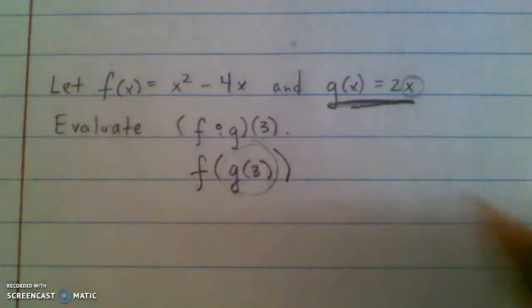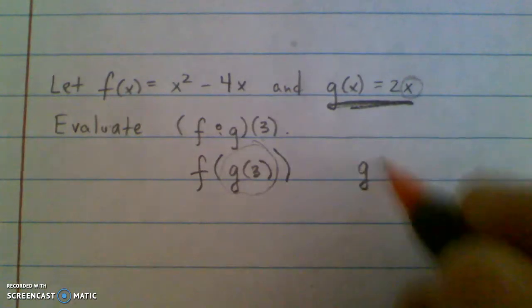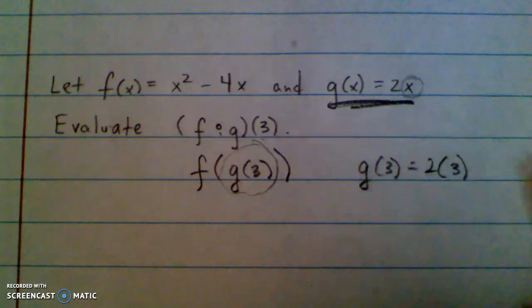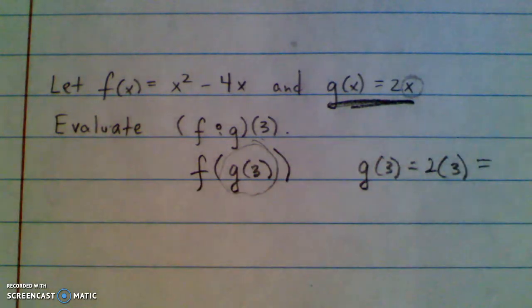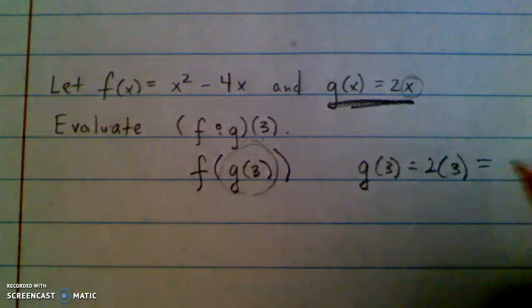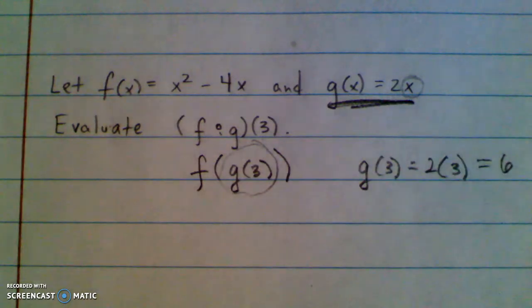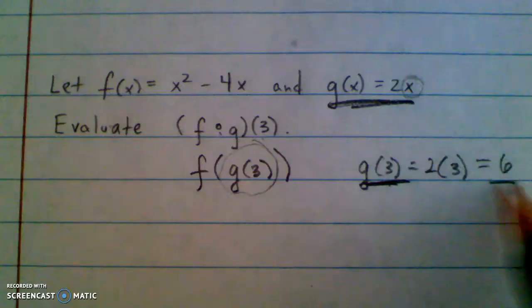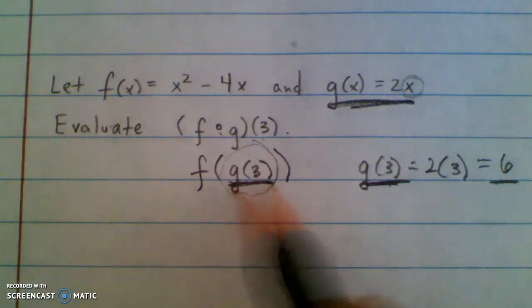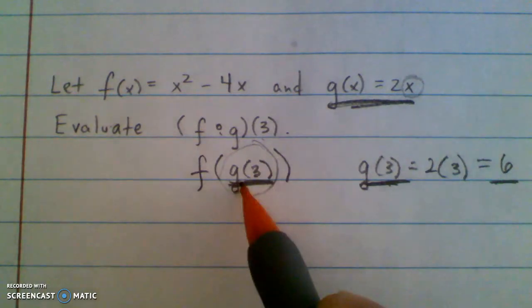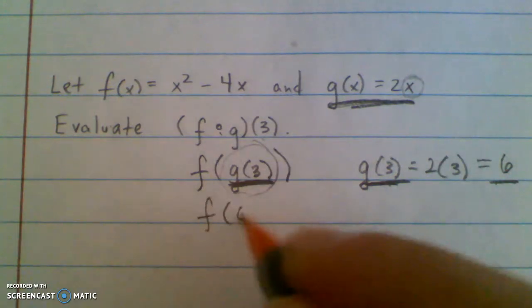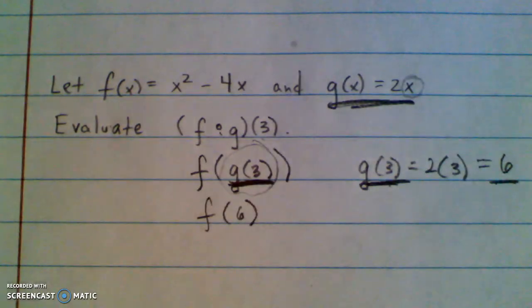So in order to find g of 3, 2 times 3, which is 6. So if g of 3 is 6, we can now replace that g of 3 also with 6. So now our task is to find f of 6.